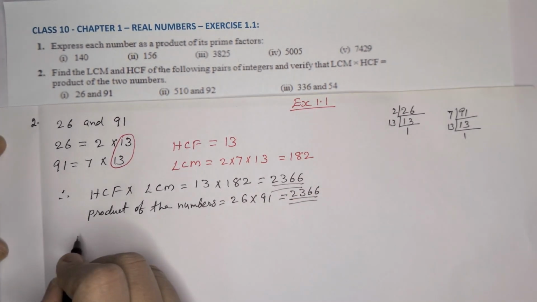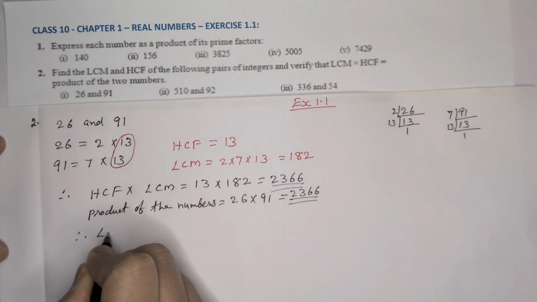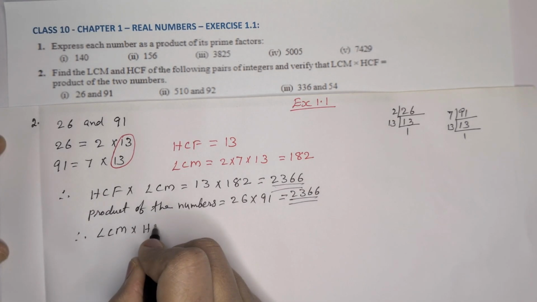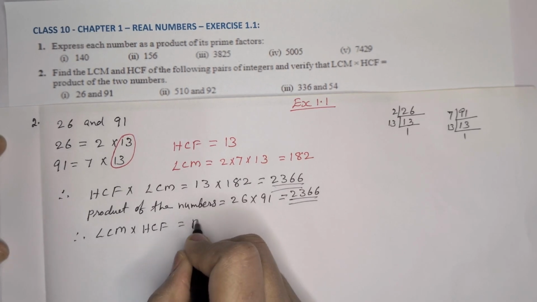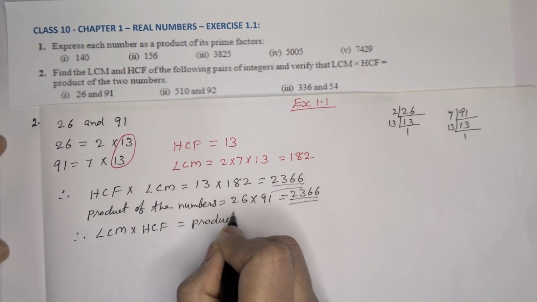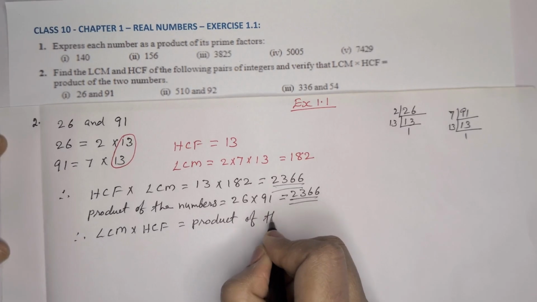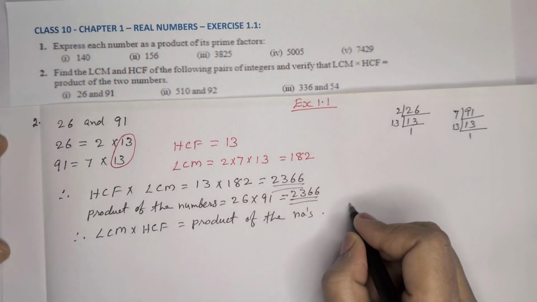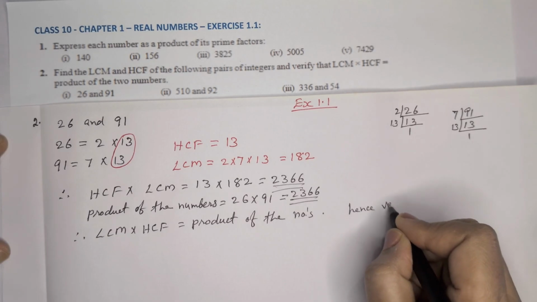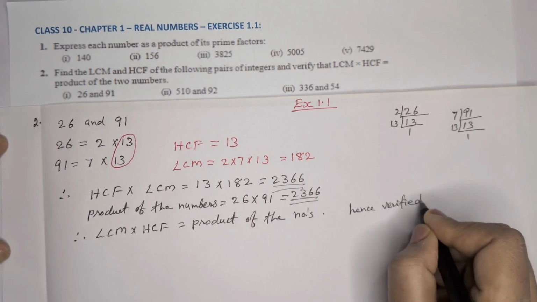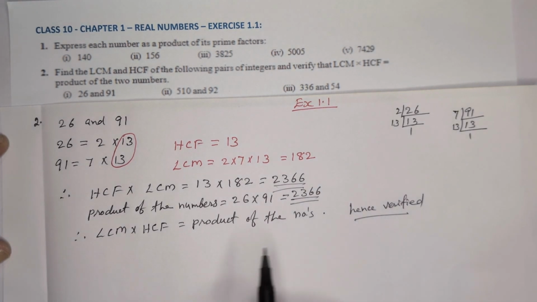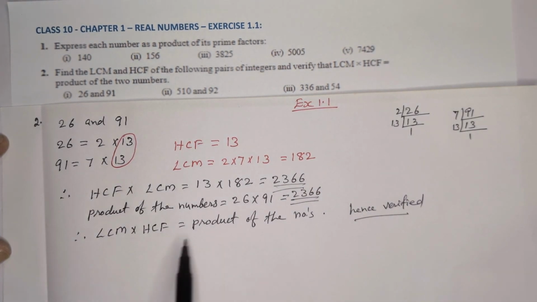Therefore, LCM into HCF is equal to the product of the numbers. Hence verified. Left-hand side is equal to right-hand side: LCM into HCF is equal to the product of the numbers.